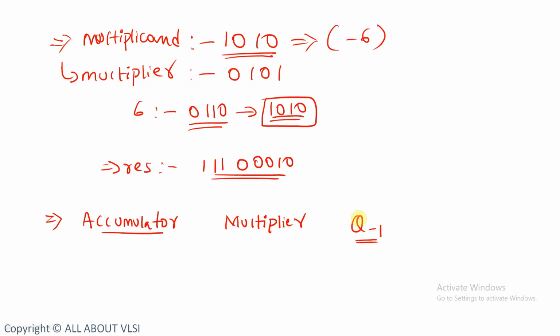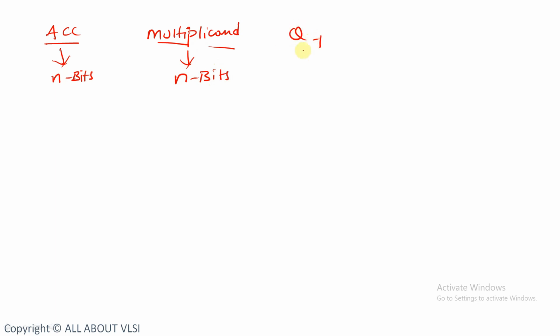Basically we are going to have an accumulator of n bits, and we will have a multiplicand which is also of n bits, and a previous bit q minus 1, which is only 1 bit.